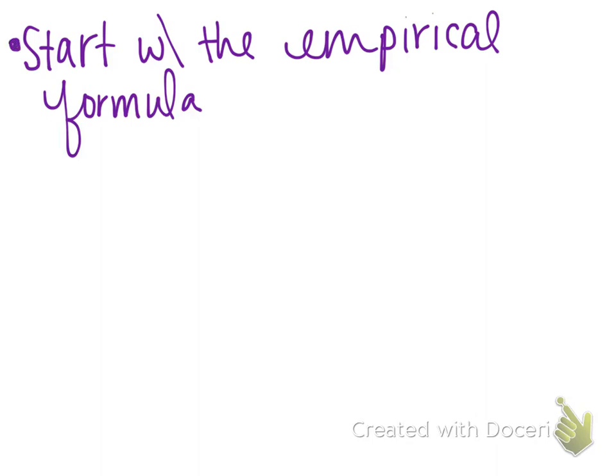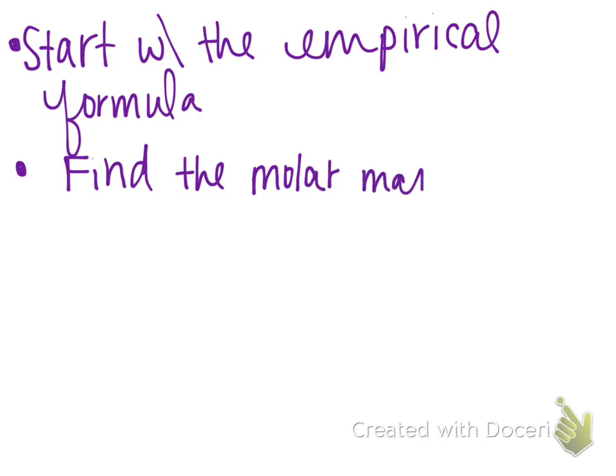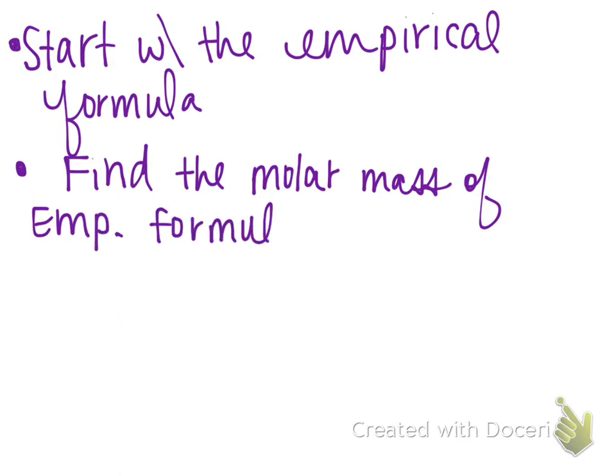Okay, so once you have your empirical formula, your next step is going to be to find the molar mass of the empirical formula. The reason we do that is this is how the question might be read.